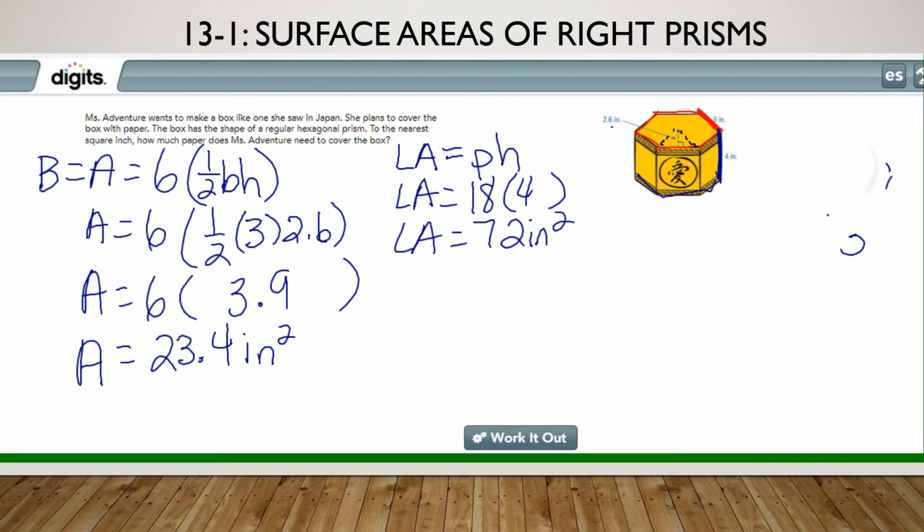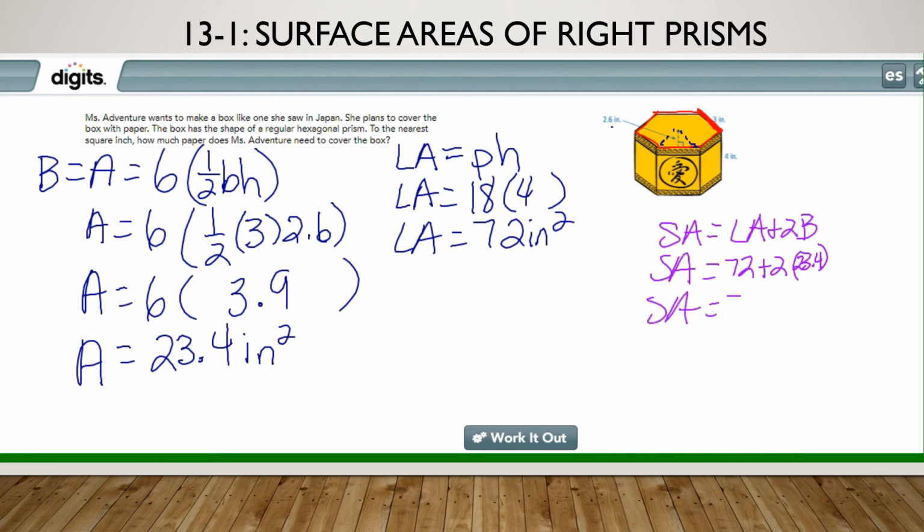Now we can tie all of that together and find the surface area. Surface area equals the lateral area plus 2 times the area of the base. We are going to substitute in 72 for the lateral area, and for the area of the base, 23 4/10. 23 4/10 times 2 will be 46 8/10.